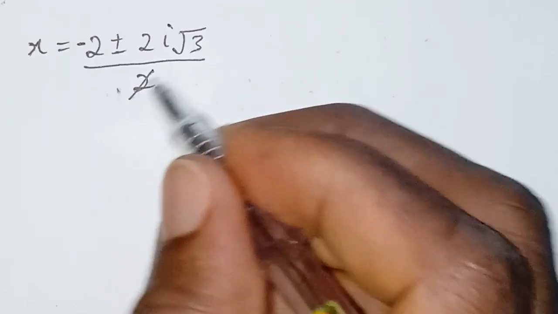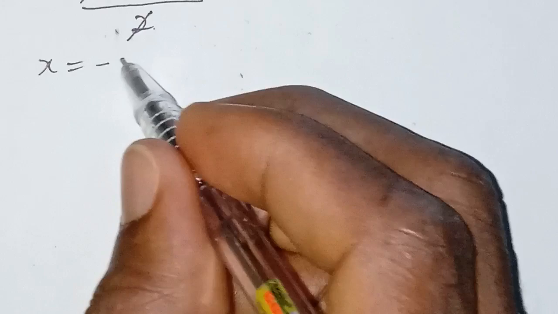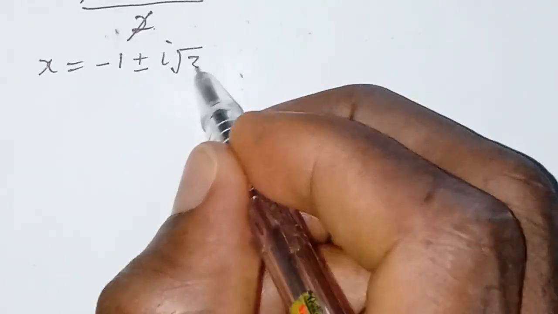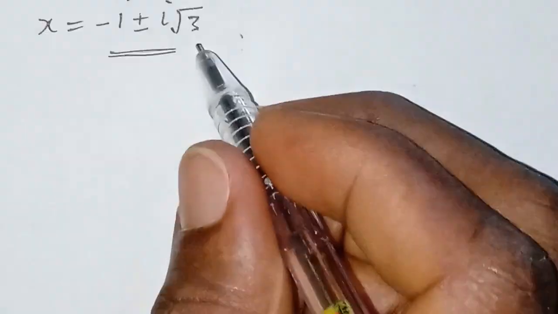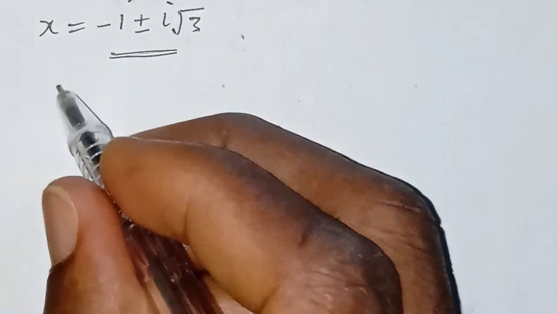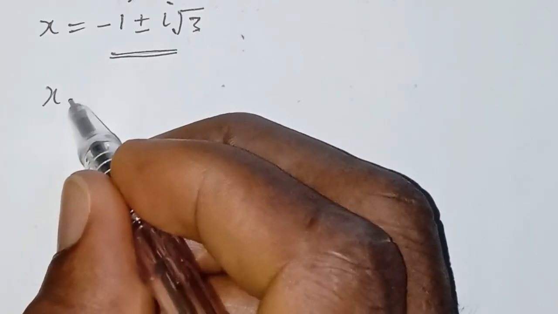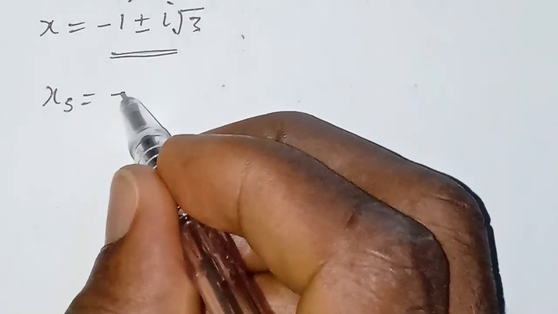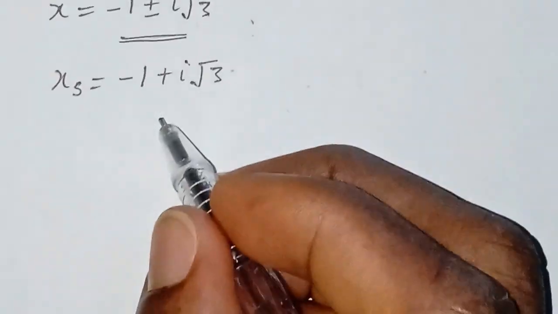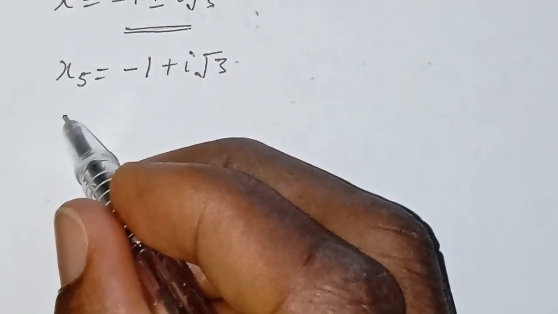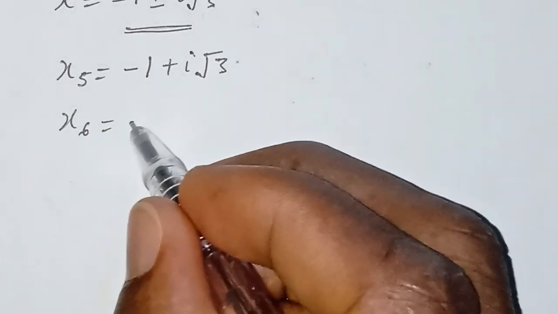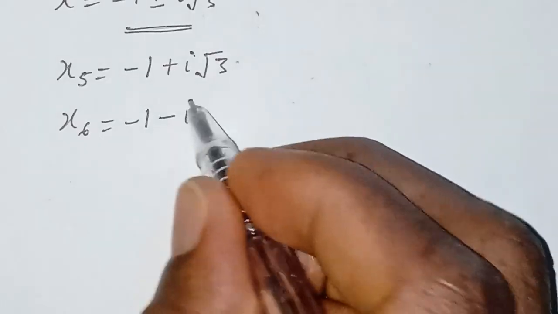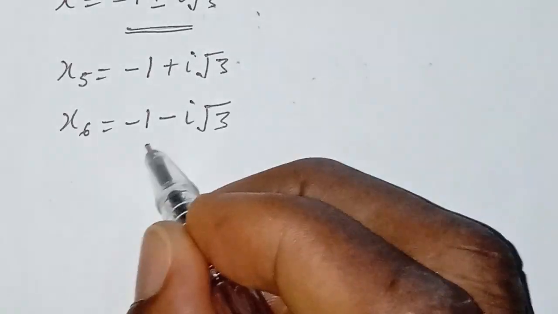So this cancels out with this and this, and x will be equal to minus 1 plus or minus i square root of 3. So this simply means that these two values of x will be given as x5, which will be equal to minus 1 plus i square root of 3, and the other value will be x6 equal to minus 1 minus i square root of 3.